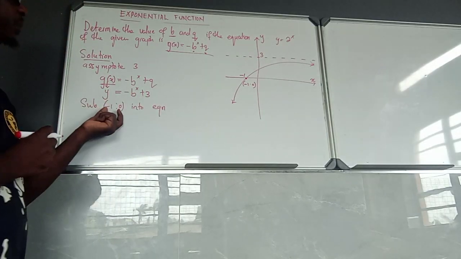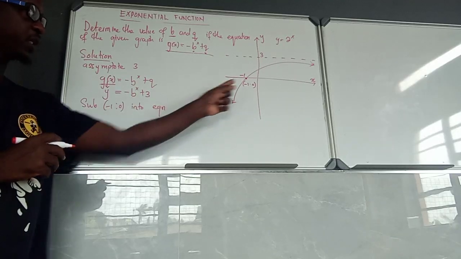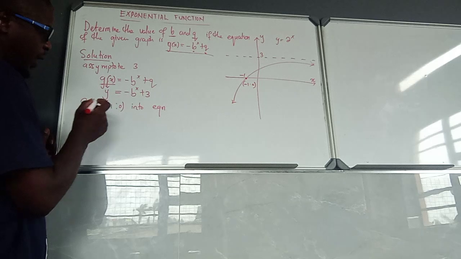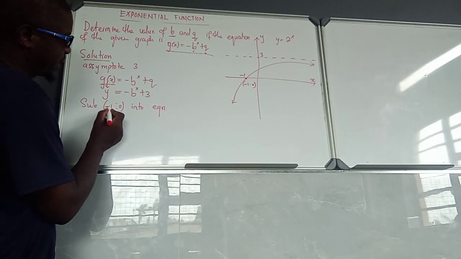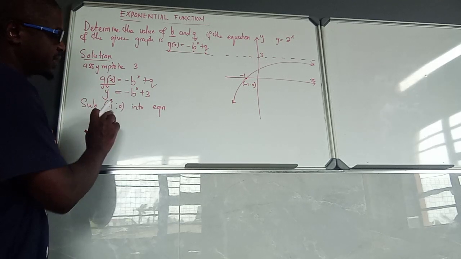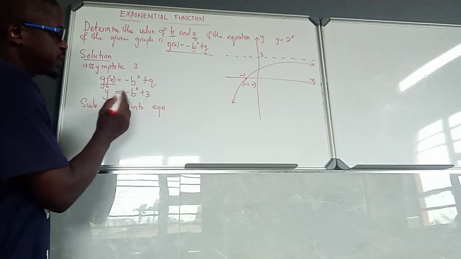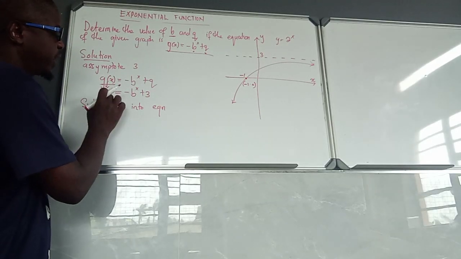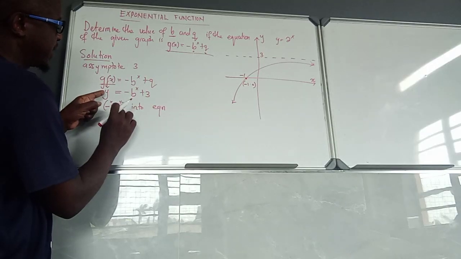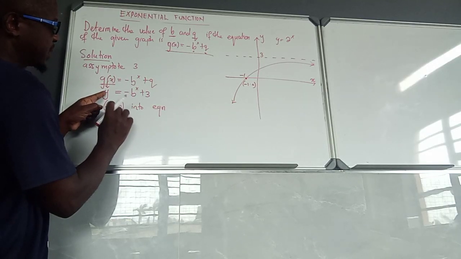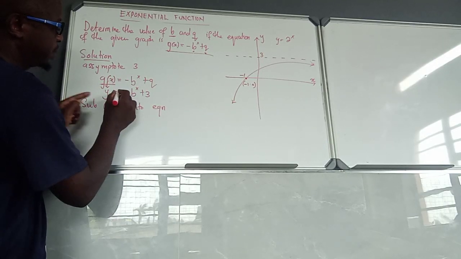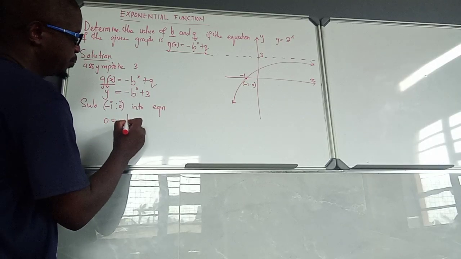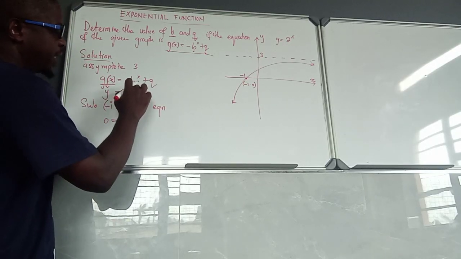That's the value of x, and this is the value of y. So where there is a y, we put our 0 here. So we have 0 equals minus b to the power of x.